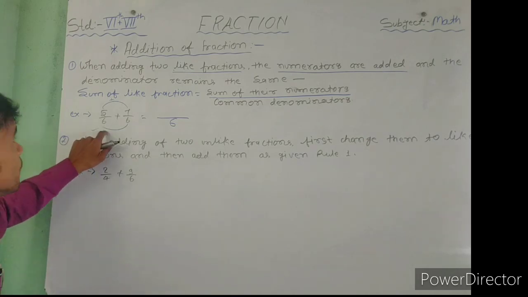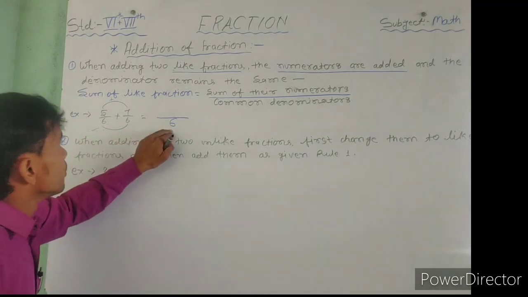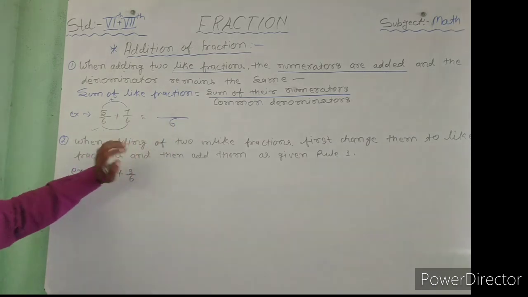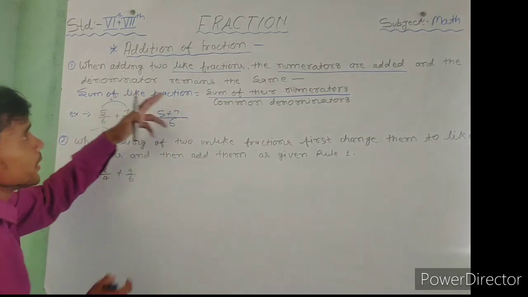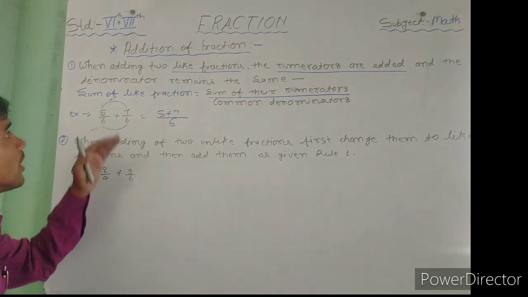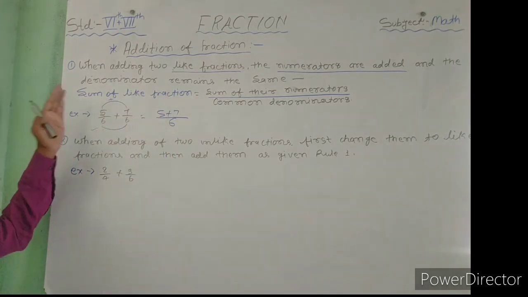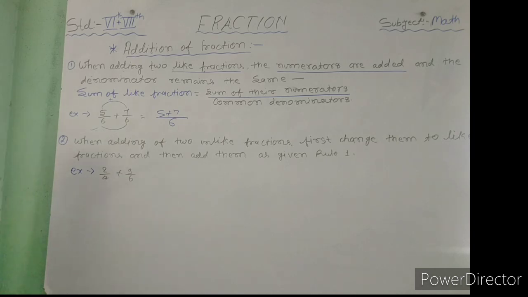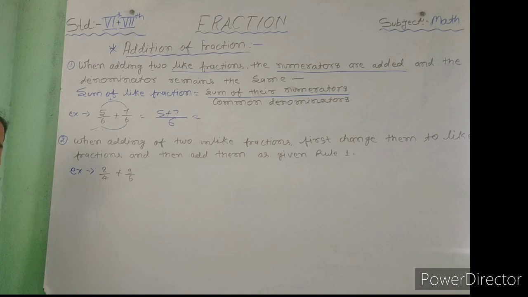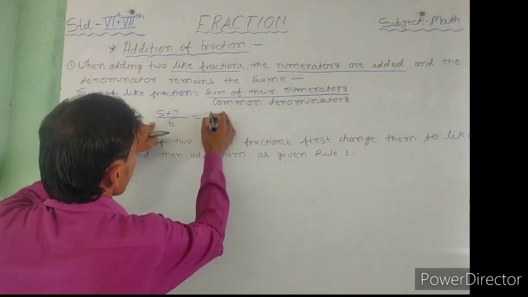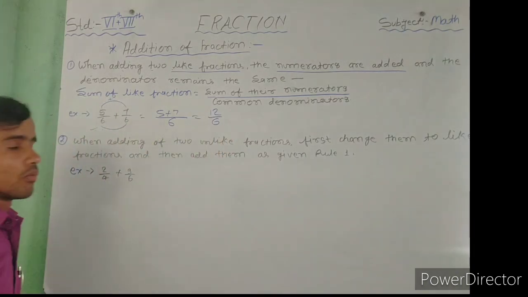Is that clear? First you write the denominator as usual, and after that you write 5 plus 7, because the rule says to add the numerators when the fractions are like fractions. When you add 5 and 7, you get 12 by 6.